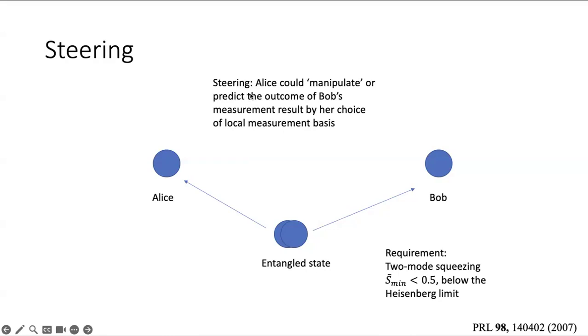Basically, Alice could actually manipulate the outcome of Bob. All she needs to do is pick a basis, do the measurement, and she will immediately tell that Bob has this outcome. Of course, this requires not just the two-mode entanglement squeezing that I have shown you. It requires this to be smaller than 0.5, which we call the Heisenberg limit. We are not there yet, but we are working towards realizing that.